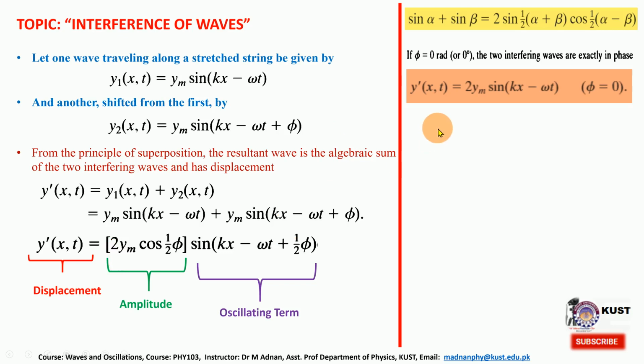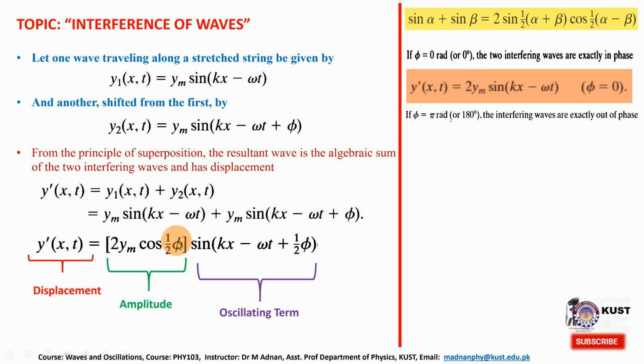If we remember the previous slide, if the two waves are exactly in phase, with the amplitude and wavelengths equal, the resultant wave's amplitude will be double.